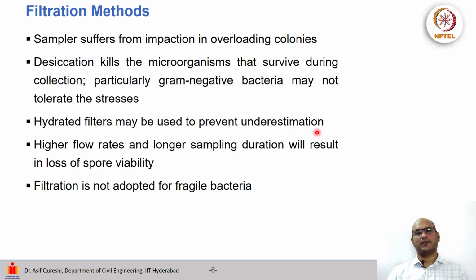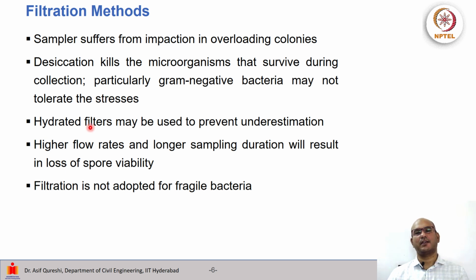Because if we are trying to analyze viable microbes, and the desiccation on the filter paper has killed the microbes and not the air, we are getting a lower estimate. If we had 100 microbes and desiccation killed 50, we are only measuring 50 as viable, whereas the actual number was 100. So desiccation may kill the microbes that survived during collection.